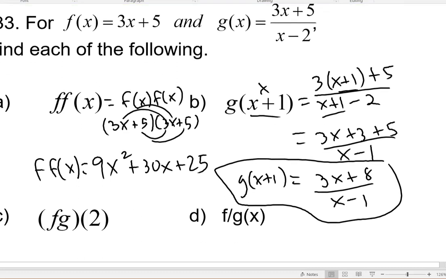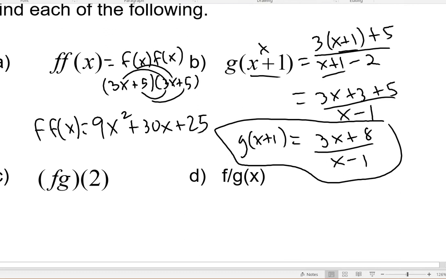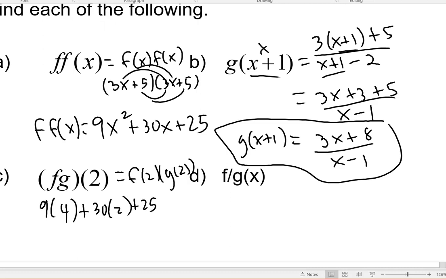What is fg of 2? Well, I could do f of 2 times g of 2. Or I could put a 2 into the answer of a, and it would be what? 9 times 4, 30 times 2, plus 25, 360 plus 60 plus 25, 420, 445.